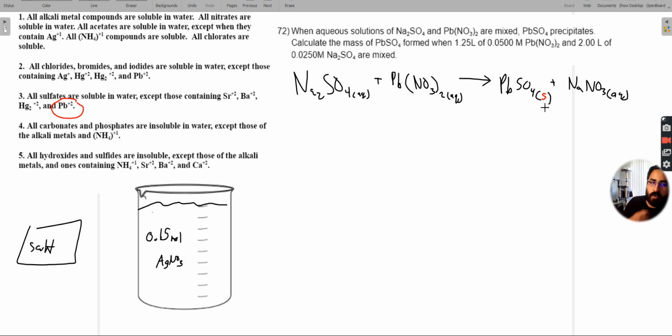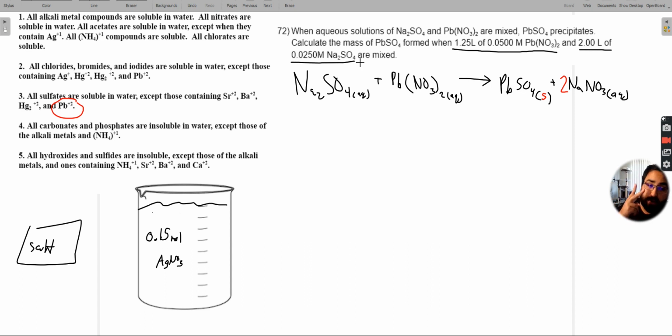All right, little quick balance. There's one NO3 right here, but we should have two. There's two Na's. There's one SO4, there's one SO4, there's one Pb, there's one Pb. Awesome. Now let's check out the problem. Calculate the mass of PbSO4 formed when 1.25 liters of this and 2.0 liters of Na2SO4 are mixed.